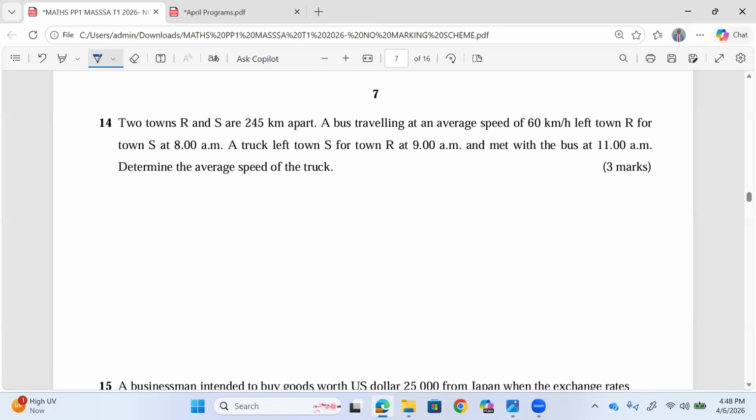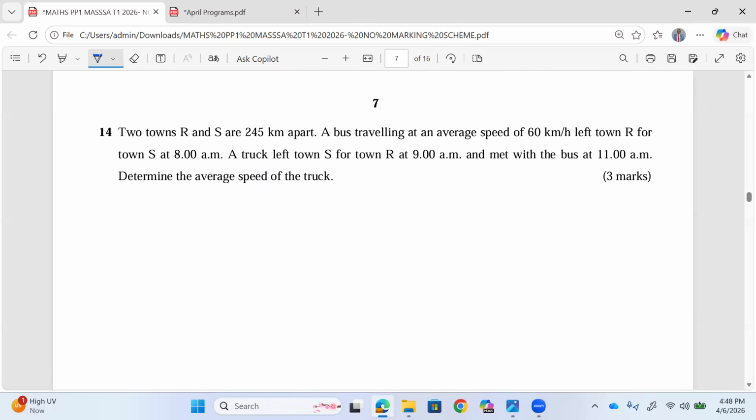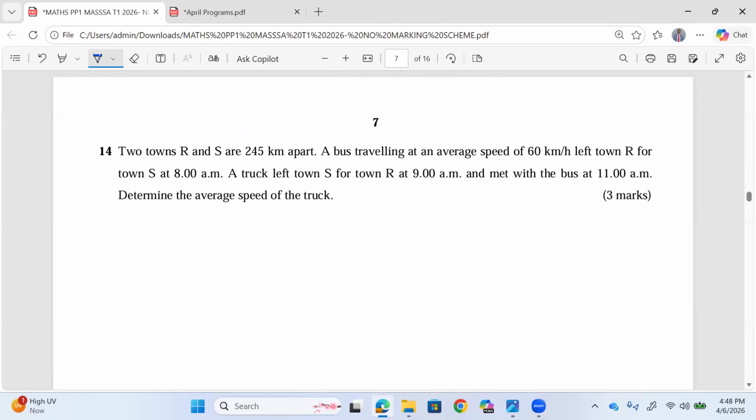So allow me first to start interpreting this information diagrammatically, of course. Then we proceed now to solve the question. We are already having 2 towns. One town is R. The other town is S. Now the total distance is 245.